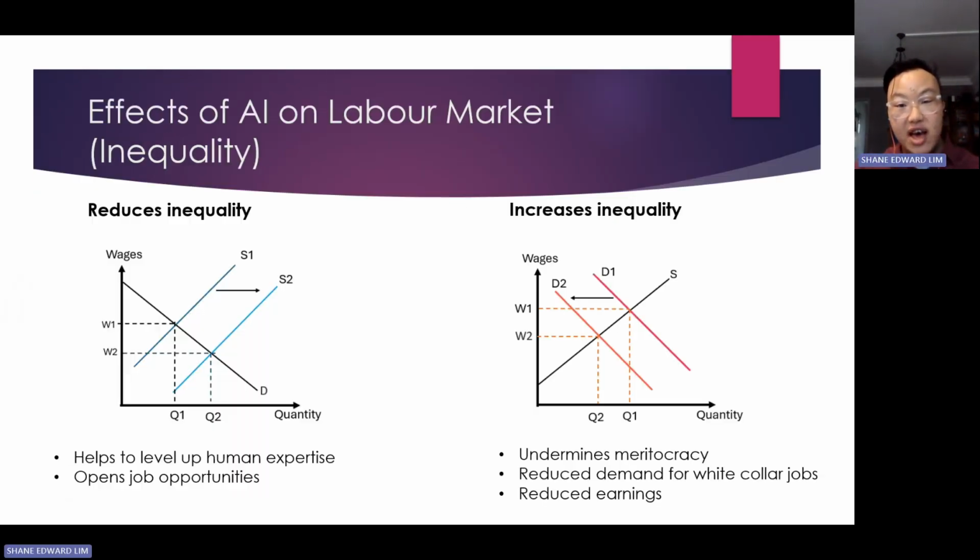Through my research, I have found that the effects of AI can reduce inequality and increase inequality. First, let's start with reducing inequality, looking at the left-hand side. It reduces inequality as it is able to level up human expertise.